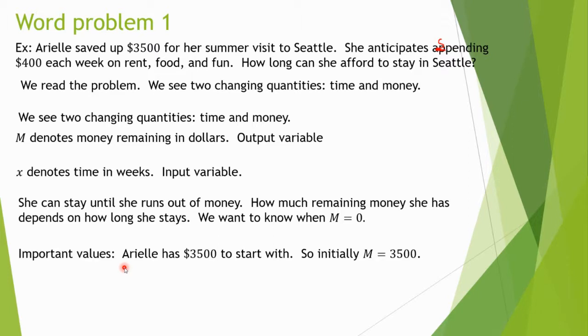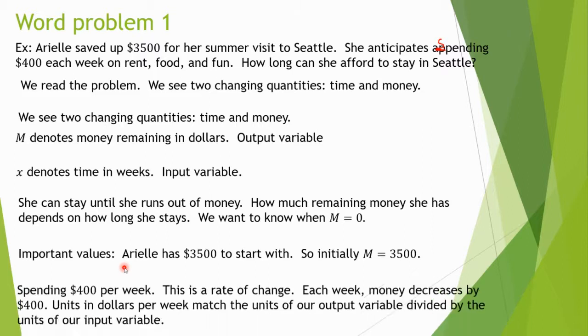Since we have that, we know that M is going to be linear. That's our rate of change, because each week she's spending $400, so the amount of money she has left over decreases by $400.